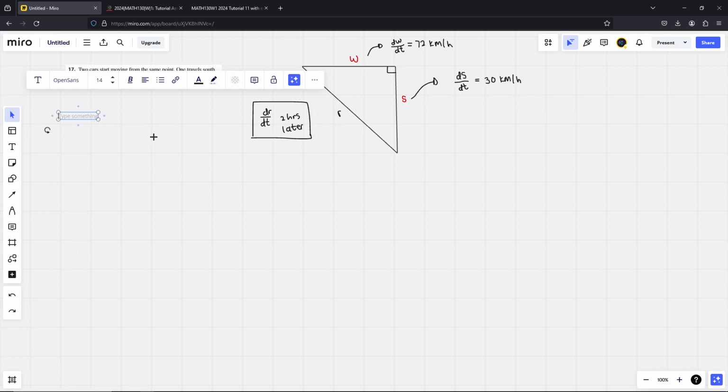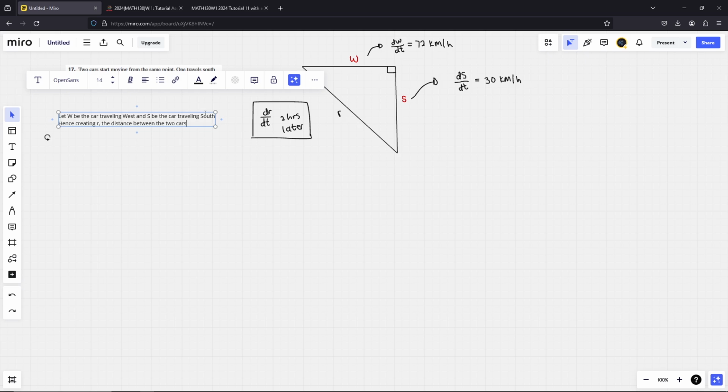So we can say, well, let w be the car traveling west, and s be the car traveling south. And we can say, hence, creating r the distance between the two cars.